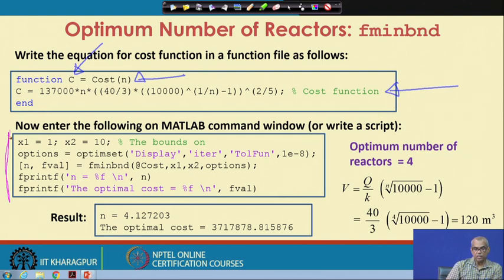So, x1 equal to 1 and x2 equal to 10. So, basically we consider n is bounded between 1 and 10.